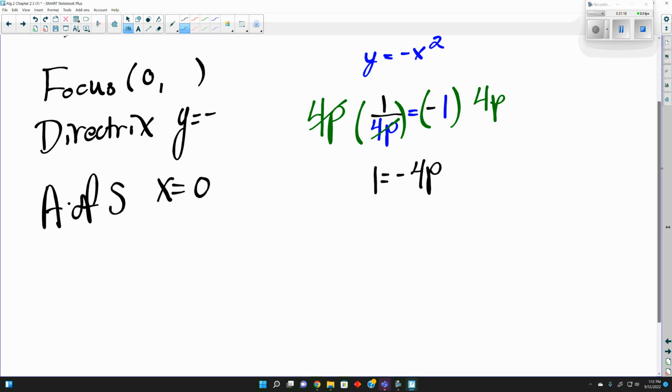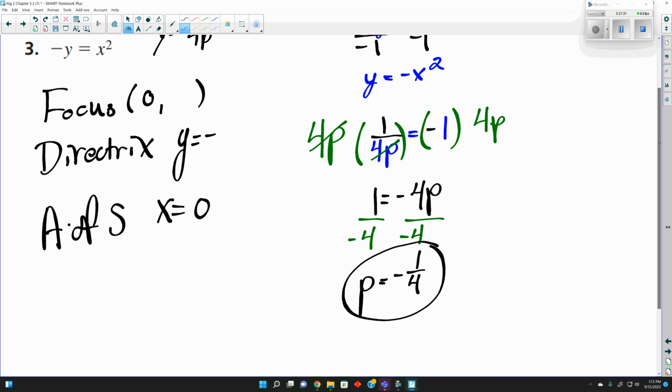And last but not least, what do we do? Divide both sides by -4, which tells us p is equal to -1 over 4. -1 over 4, which means the focus is 0, -1/4.